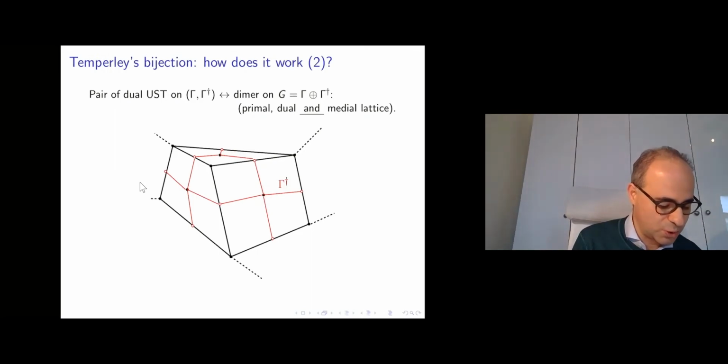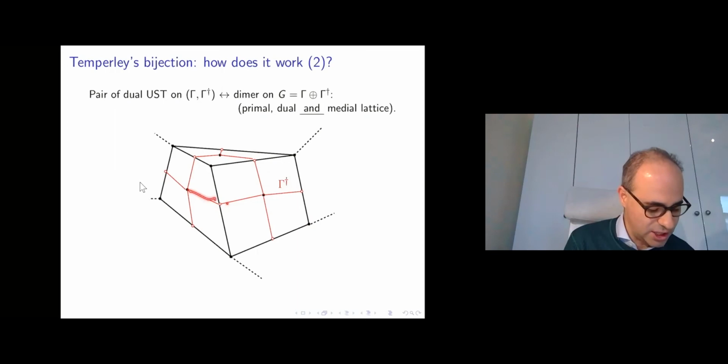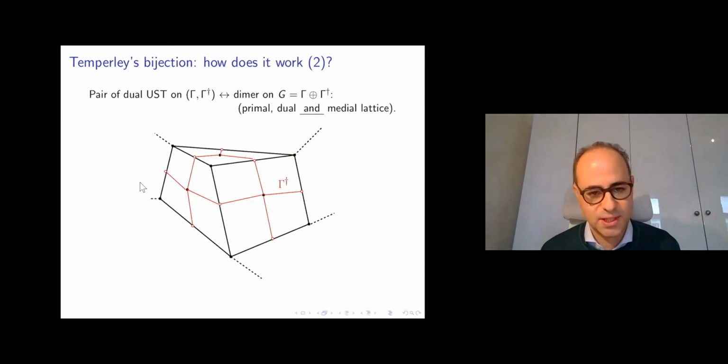So the superposition graph consists not only of the original vertices of gamma and those of the dual gamma dagger, but also these extra new vertices, one in the middle of every edge, and we just add edges in this manner, connecting a face to the neighboring edges and to the neighboring white vertices of these edges.